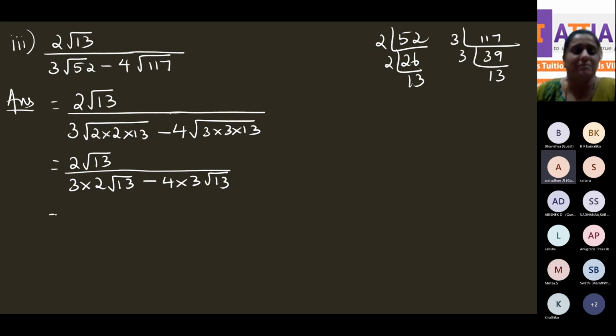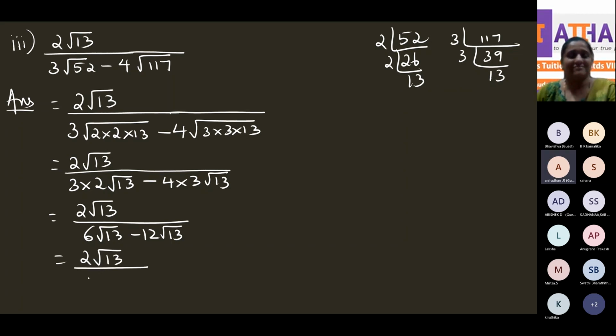Next step. 2 root 13 divided by 6 root 13 minus 4 root 13. Sorry, 12 root 13. Very good. Next step. 2 root 13 divided by minus 6 root 13. Very good. Next.